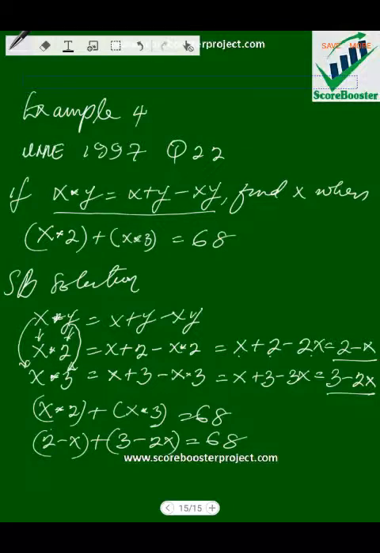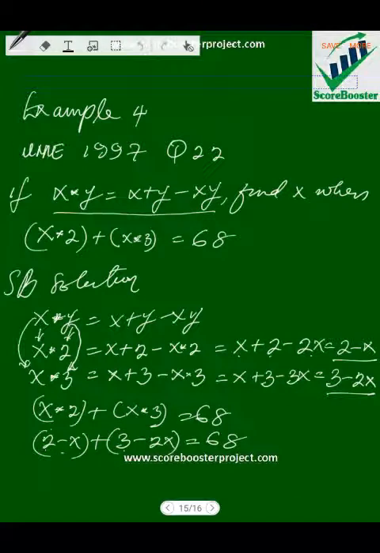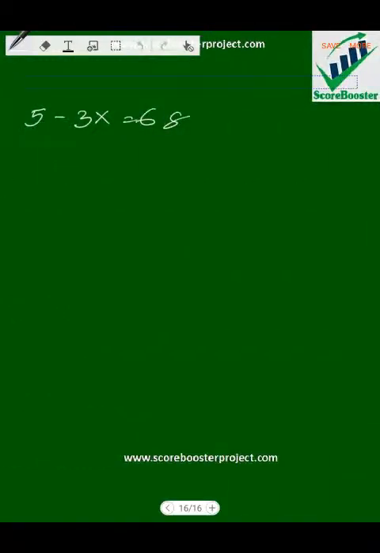Okay, now I'm gonna open the bracket. So I'm gonna have 2 plus 3 and minus x minus 2x. If I open the bracket, I'm gonna have 2 plus 3, which is 5, minus 3x is equals to 68. Is that correct? 2 plus 3, right? That is 5, minus x minus 2x, that's minus 3x.